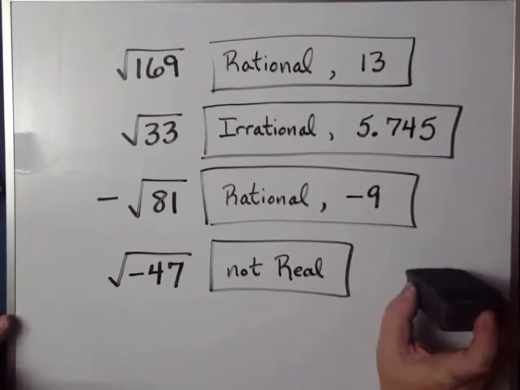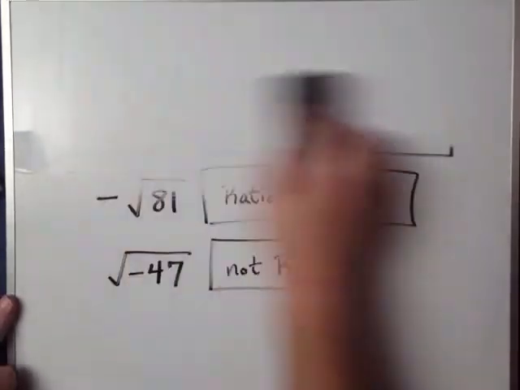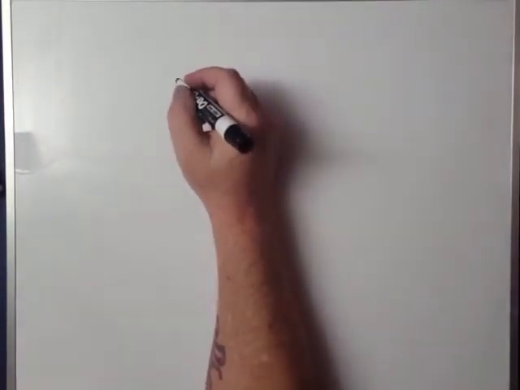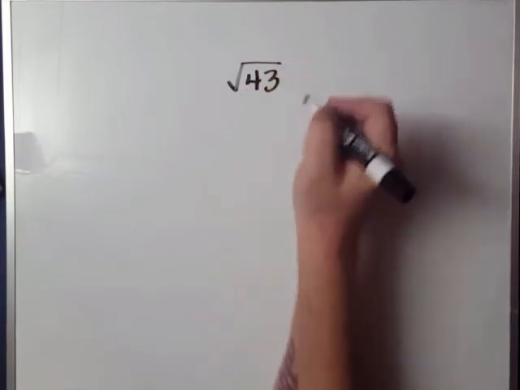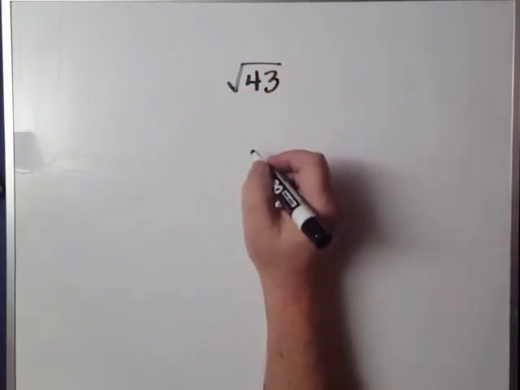Let's look at number 60. Again, paying close attention to these instructions. It says, without using a calculator, determine between which two consecutive integers each square root lies.